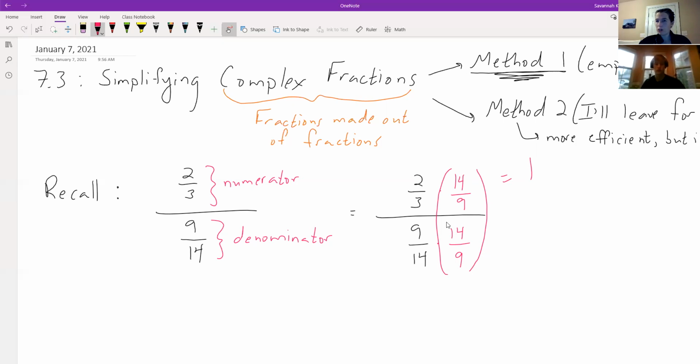And so I'm still legal. I'm only multiplying this gigantic, ugly fraction by the number 1, but I've strategically picked the way I disguise my number 1 so that it will cancel out. Because when you multiply a fraction like 9/14 by its reciprocal, 14/9, it's going to cancel away.